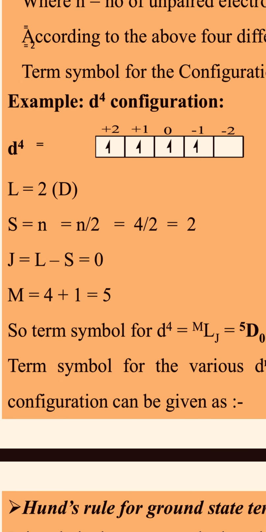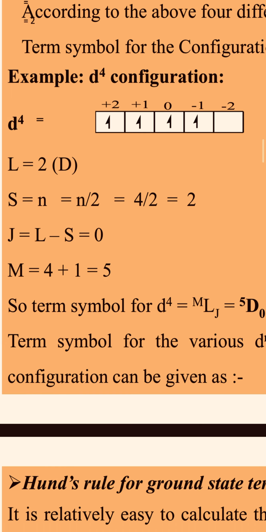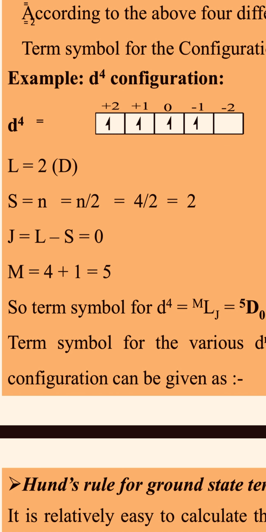We know N is 2S plus 1. So N will be 2S plus 1, which is 5. Now J means L minus S. Before that we should know what L is. L can be found as 2 into 1 plus 1 into 1 plus 0 into 1 plus minus 1 into 1, so the resultant will be 2.